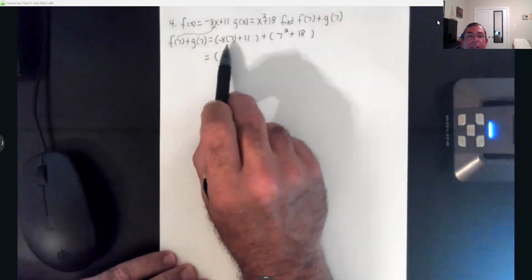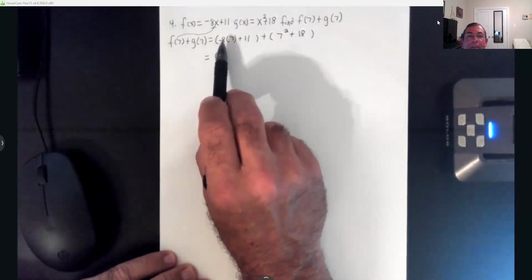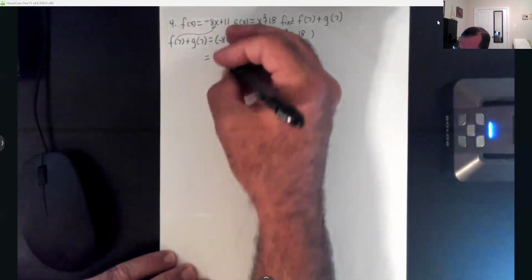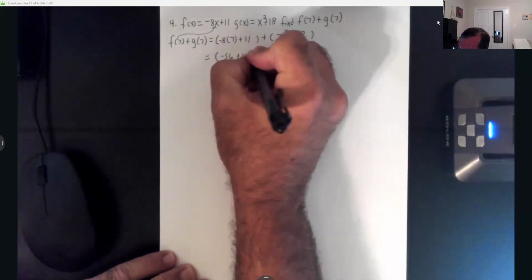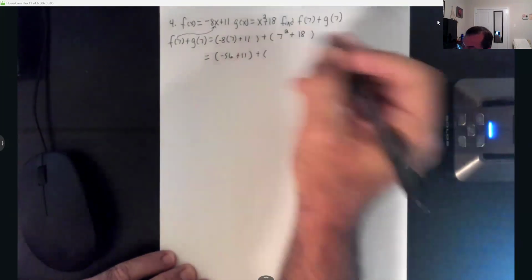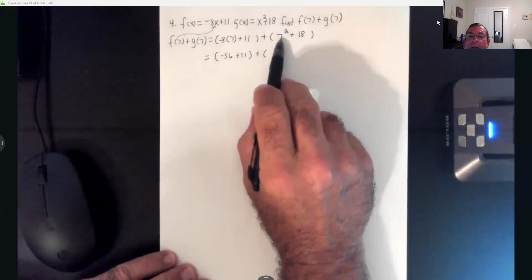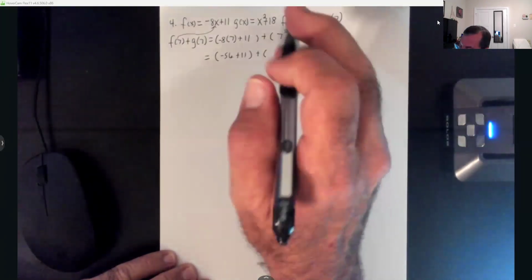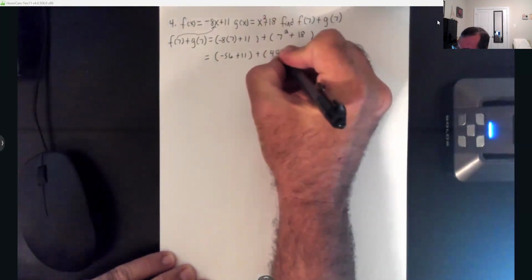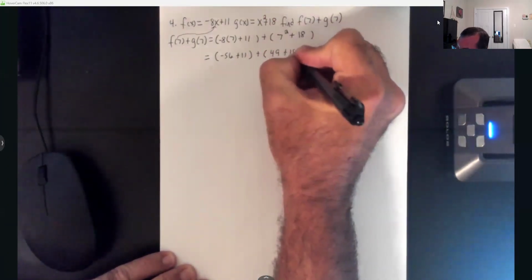So in the first parentheses, you got to multiply before you add. So negative 8 times 7 is a negative 56 plus my 11. In my second parentheses, I gotta do the exponent before I add. So 7 squared would be 7 times 7 is 49 plus my 18.